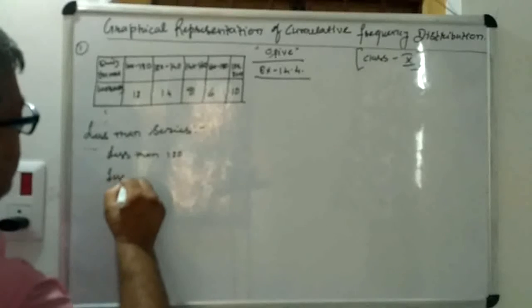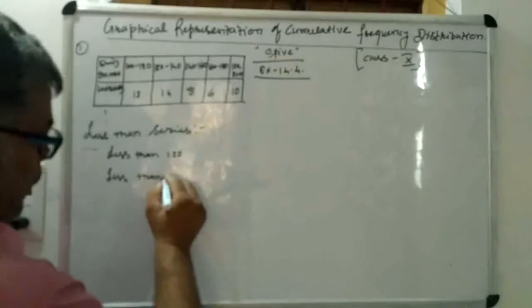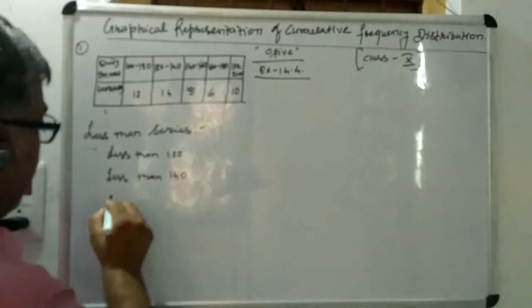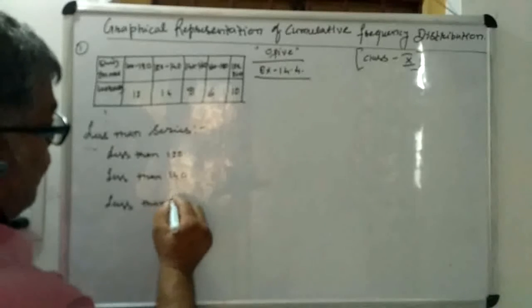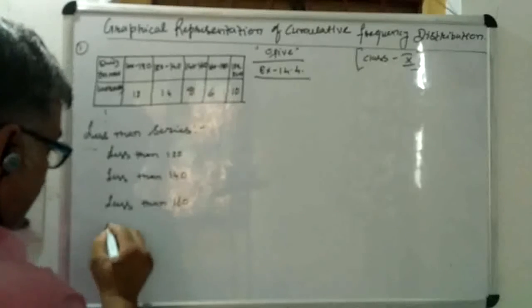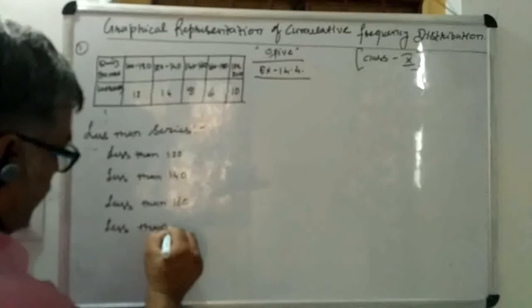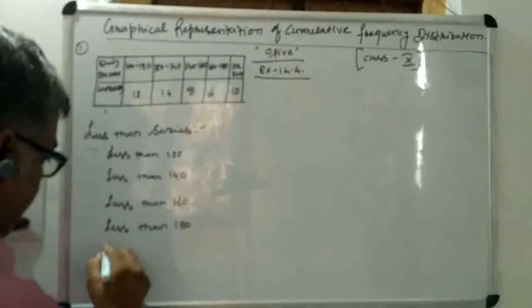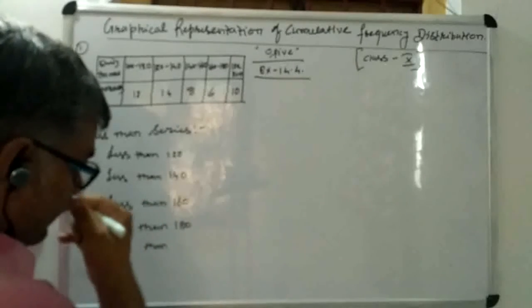You have to take the upper limit: less than 140, less than 160, less than 180, and less than 200.